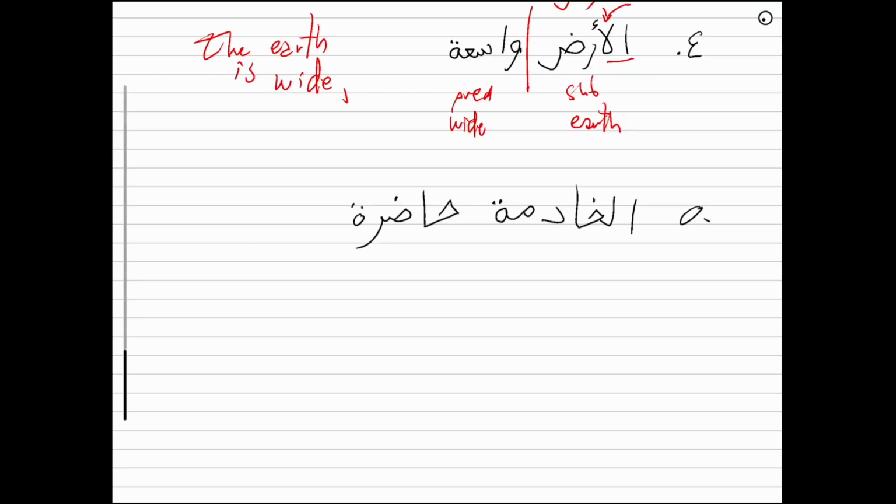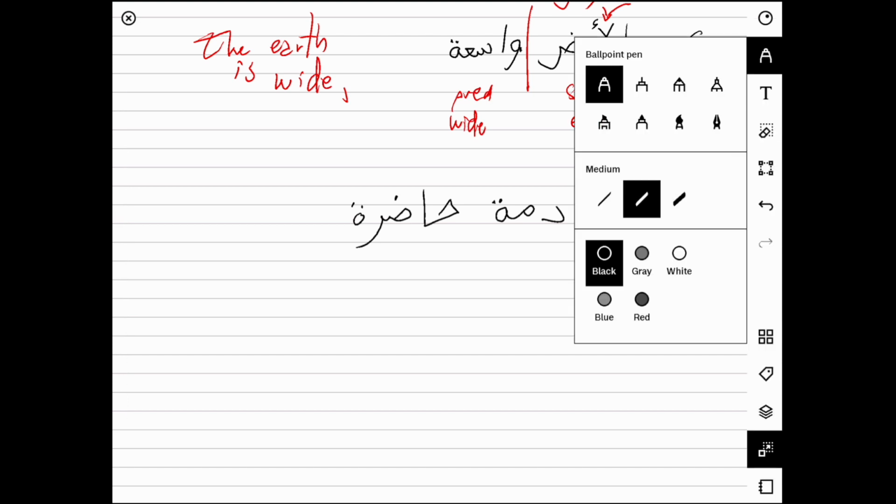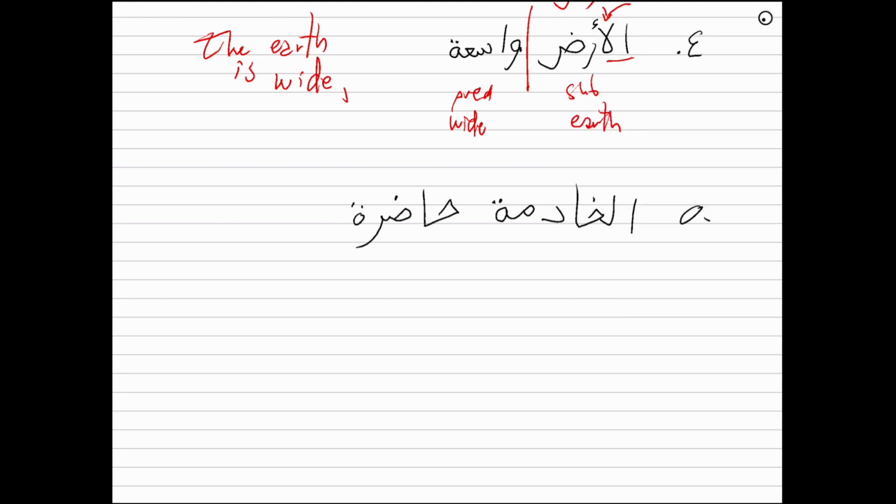So khadima Hadira. Right? So what do we notice here? Oh yeah, khadim means servant, and then khadir means present, right? Present or here. It's an adjective meaning to be present, to be here. So what do we got? This and this, right?